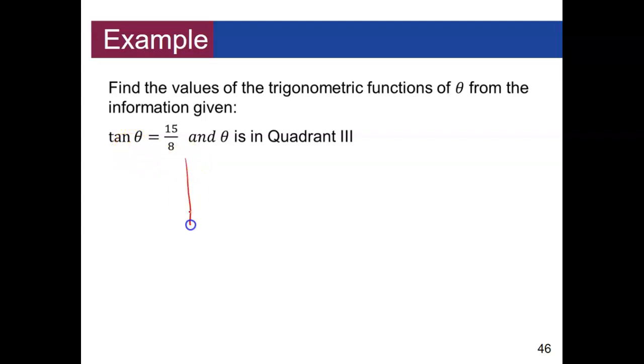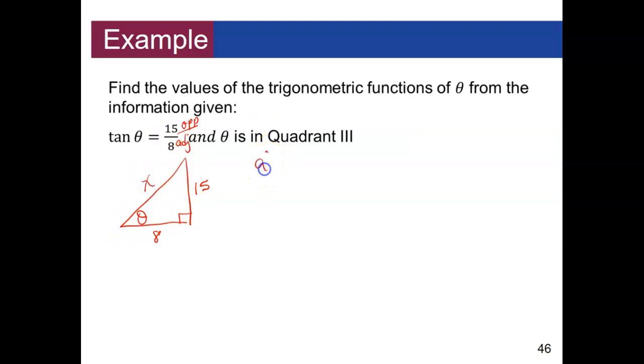But if you're going to do it with the triangles, then you can just start with your right triangle here, label your theta. Tangent we know is opposite over adjacent. So my opposite side, which goes straight across, would be 15 and my adjacent side would be 8. So I'll use the Pythagorean theorem to find the missing side over here.